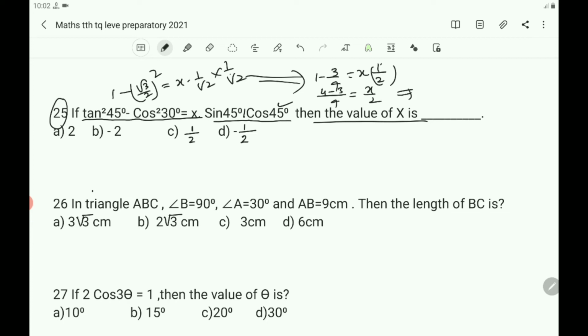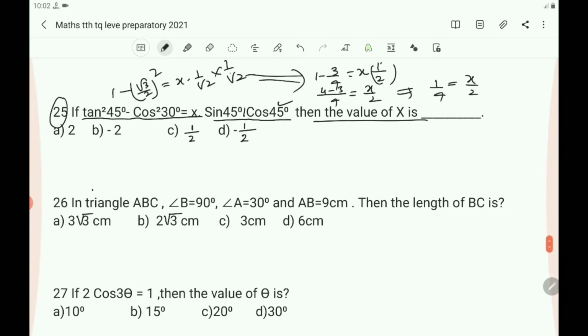That implies 1 by 4 equals x by 2. If you transfer this to here, you will get x equals 2 by 4. Then x equals 1 by 2 is the answer. What is the answer? x equals 1 by 2.